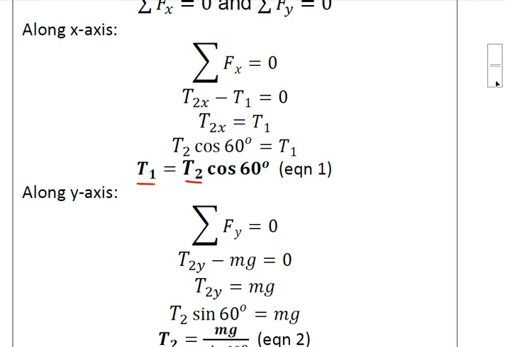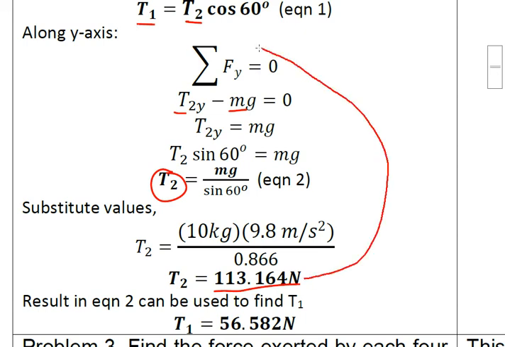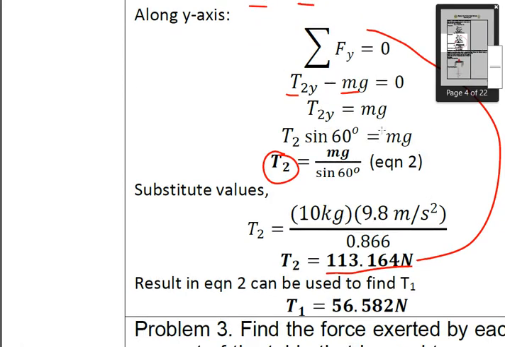Then along y, this is unknown and this is given, so you will be able to compute T2, and you have here the value for T2. I hope you know how to use your calculators to compute this. Then using this T2, you can compute for T1, of course using equation number 1. Just plug in the value of T2.